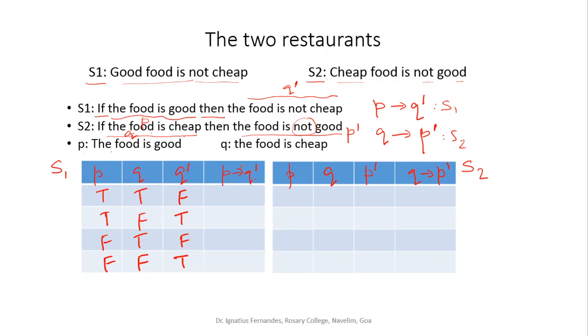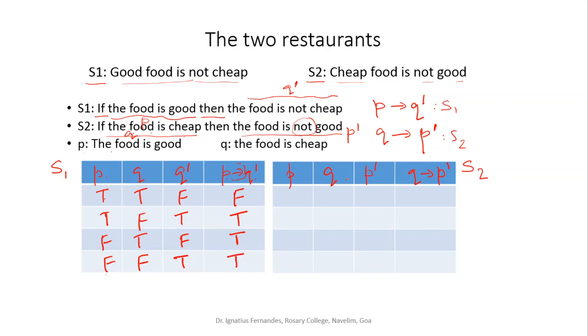I use the conditional, so I recall the conditional truth table. For T and F, the value is F. For T and T it is T. For F and F it is T. And for F and T it is T.